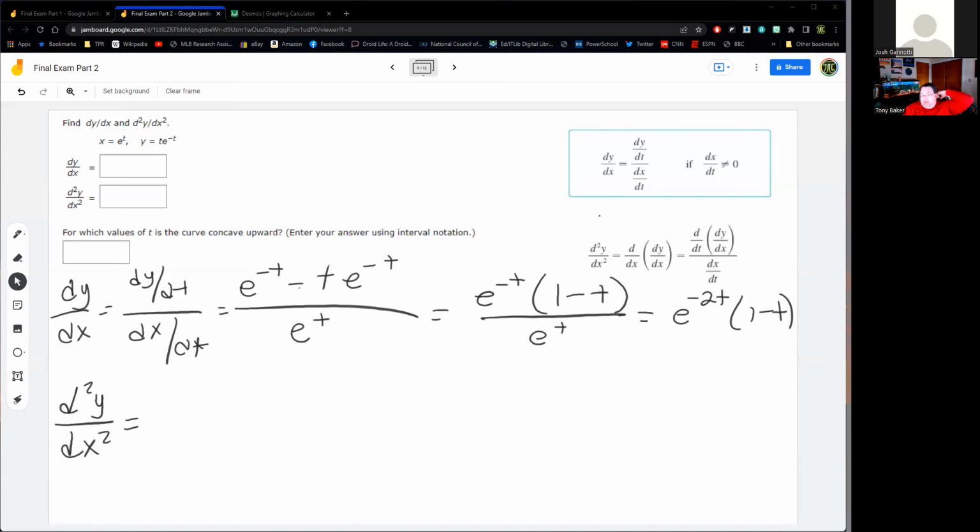derivative of that, again, do my product rule. So it's the derivative of the first, which is negative 2e to the negative 2t, times 1 minus t. And then the derivative of the second times the first, so that's just 1. And I get negative e to the negative 2t.